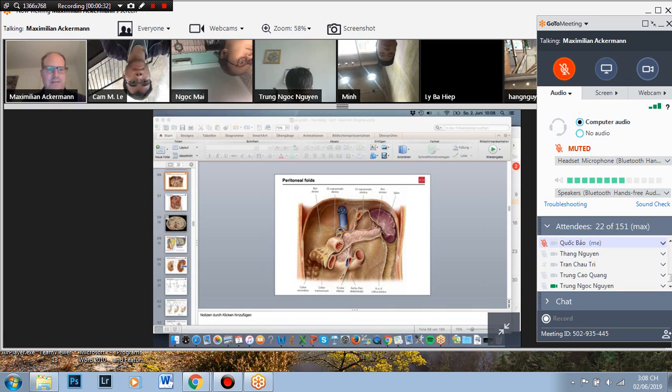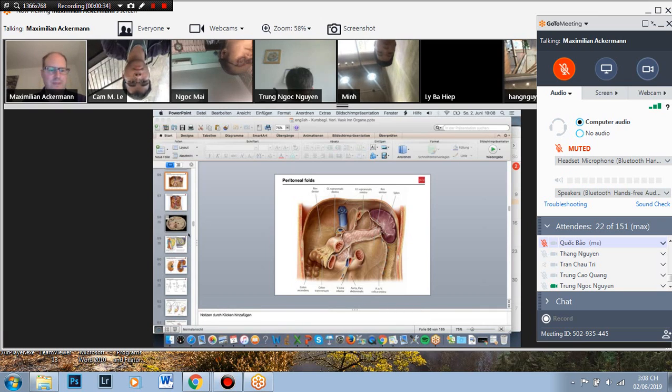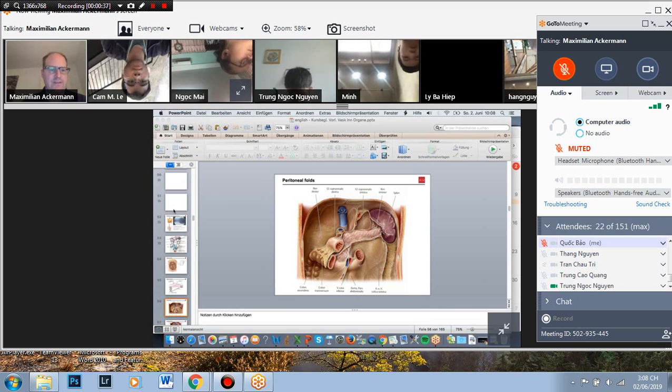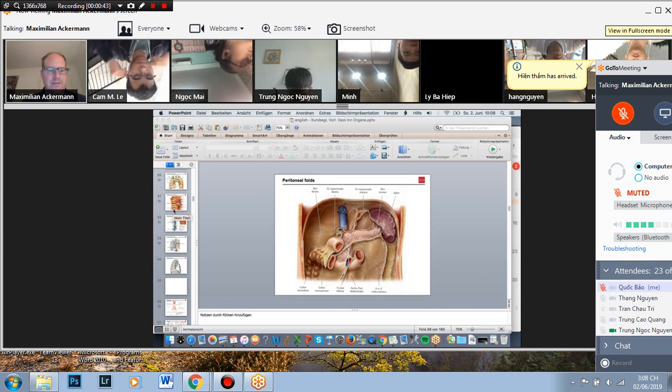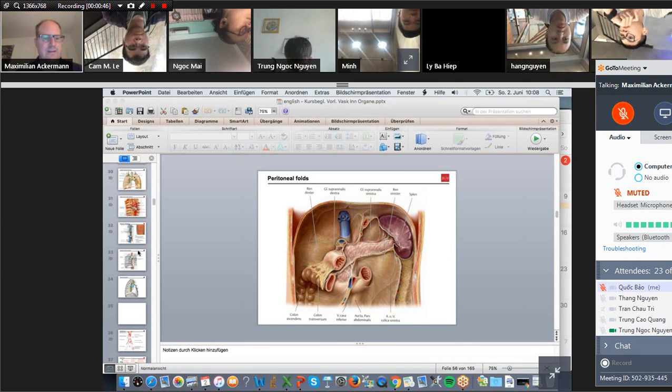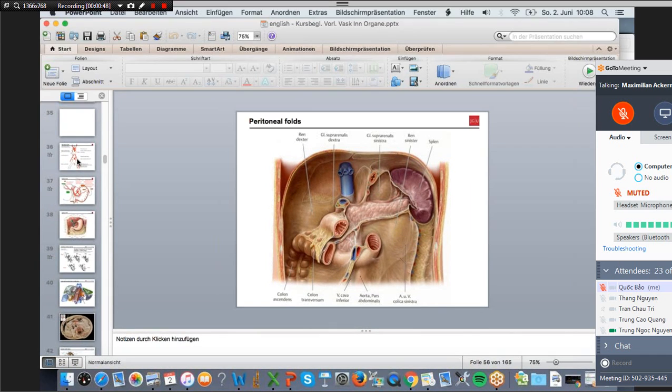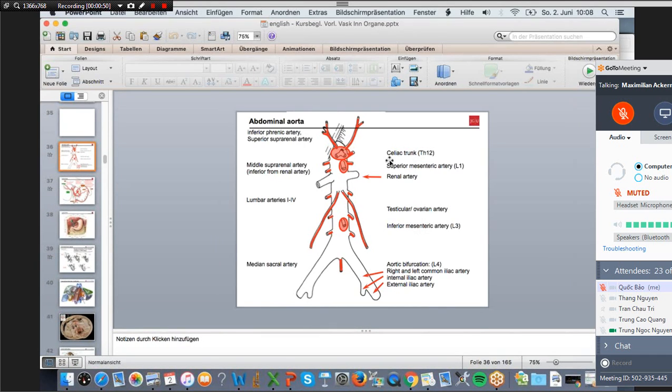So we talked yesterday about the vascularization of the small bowel and the colon. And I want to briefly repeat the relevant structures here. So I talked about the celiac trunk, the superior mesenteric artery, and the inferior mesenteric artery, which are positioned in the midline of the abdominal aorta.